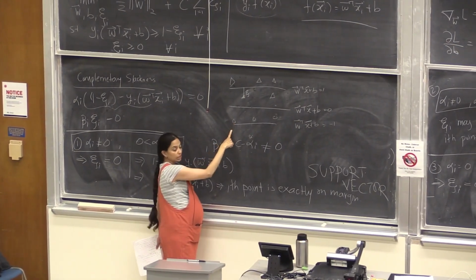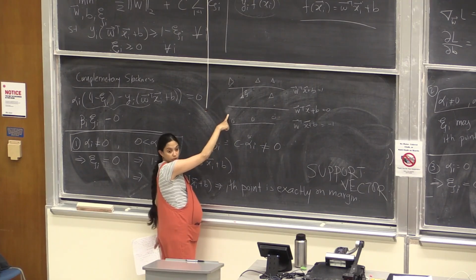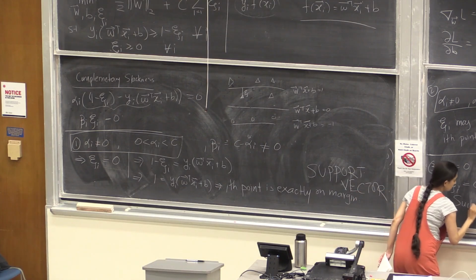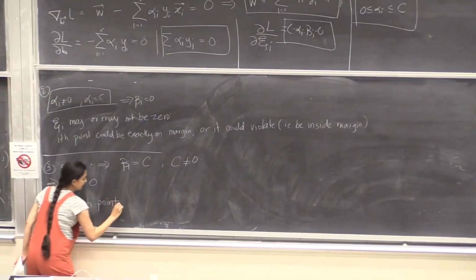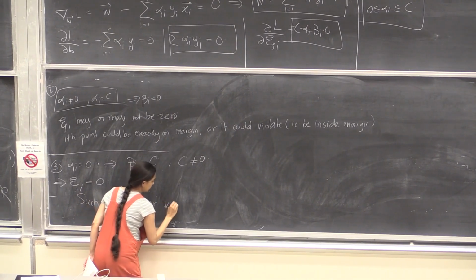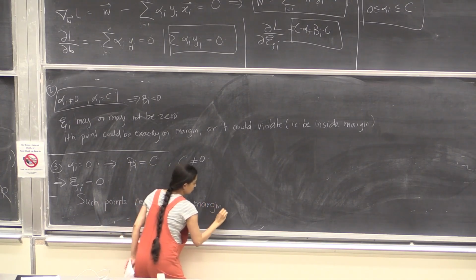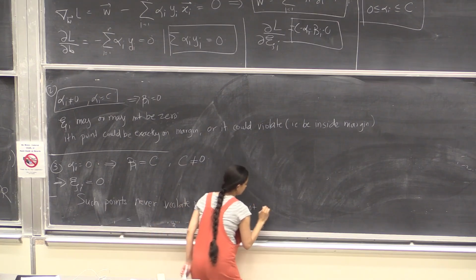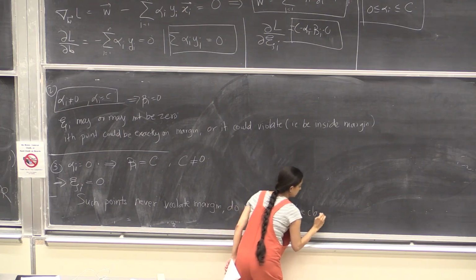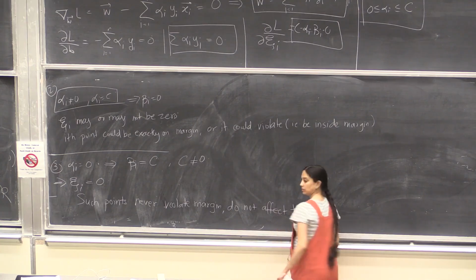It could. Could it be here? Could it be here? Could it be here, inside the margin? No. So such points never violate the margin. They do not affect the classifier. Okay?